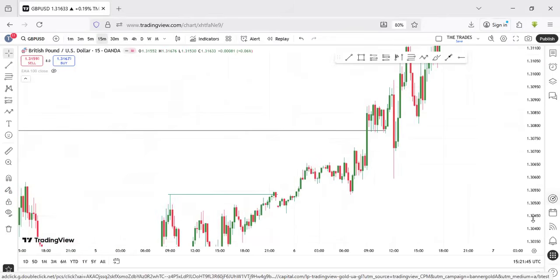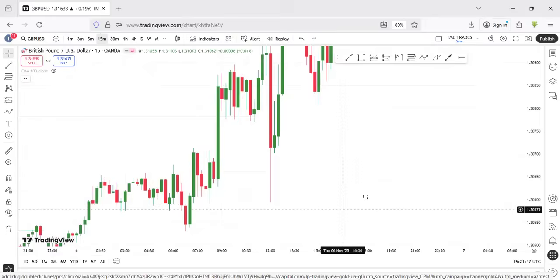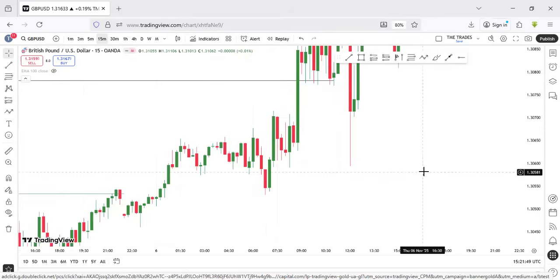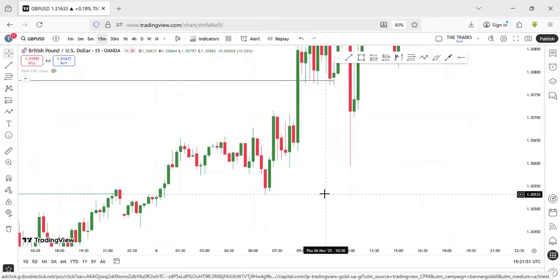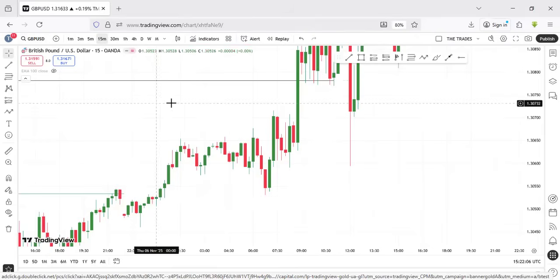Now let's talk about the London session strategy. Let me quickly say this. Whenever there is an Asian session, the market has a 90% guarantee to range during the Asian session on any European currency pair.